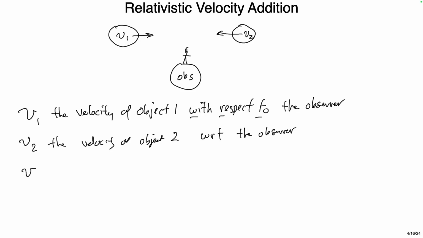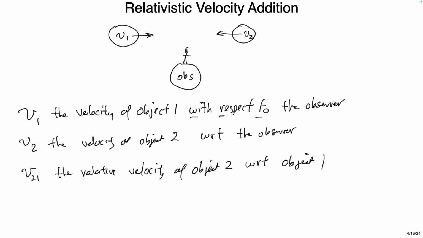And then I'm going to use V21. V sub 21, not 21, just 21. Okay? V21 is the relative velocity of object 2 with respect to object 1.